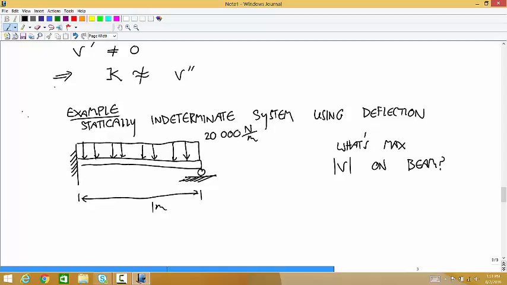And intuitively, the reason that we're going to see we can't solve it using statics is because if you picture this beam being a rigid body, you could take away this roller and it still would be in equilibrium. And so if there are any redundant external loads, it's not statically determinate.